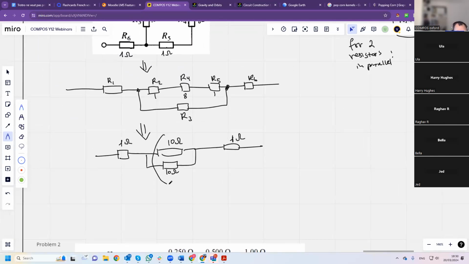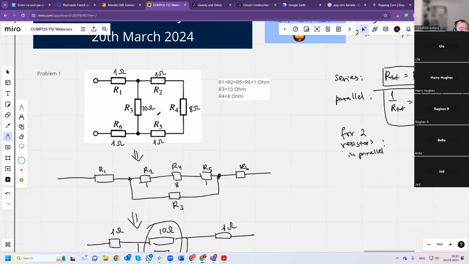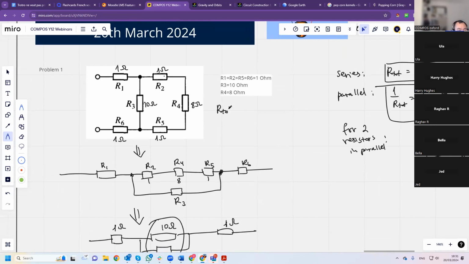But I know 10 and 10 in parallel, that's a total of 5 ohms. So this is equivalent to having 1, 5, and 1, which makes a total of 7 ohm. So the answer is 7 ohm. Our total is 7 ohm.